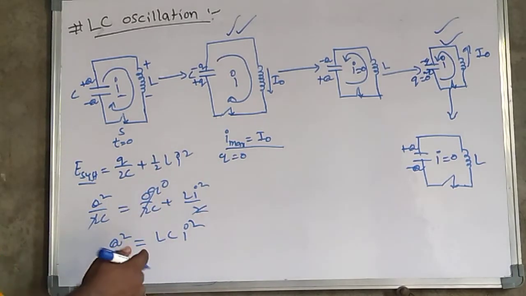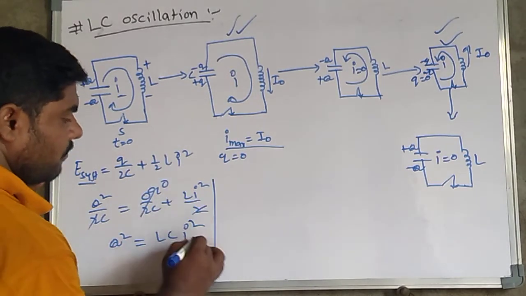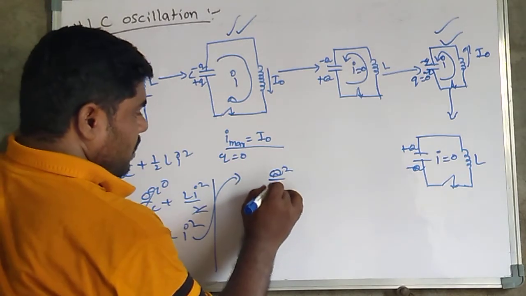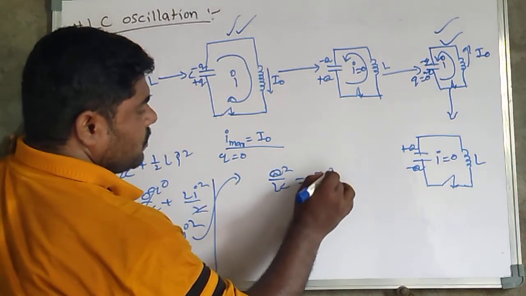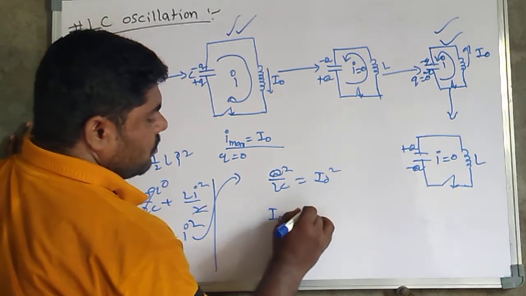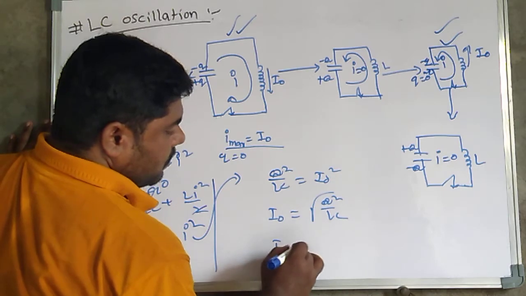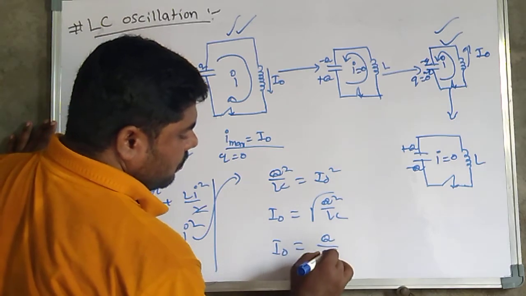So q squared by LC is equal to I naught squared, and I naught is equal to q divided by root LC.